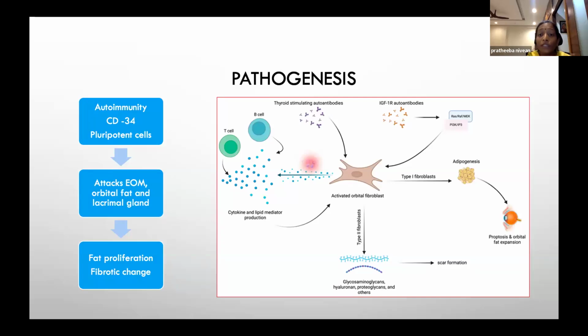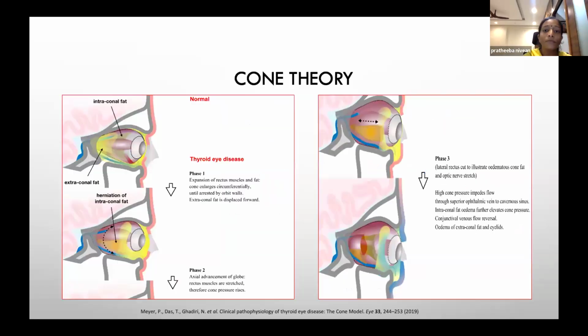And there can be two types of disease. There can be a fatty disease or a fibrotic disease based on the pathogenesis. And this is again the cone theory, which has been recently explained with thyroid eye disease. So in fatty disease, there can be a lot of proliferation of fat and hyaluronic acid deposition.